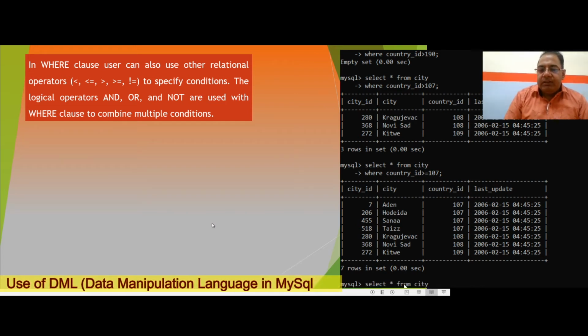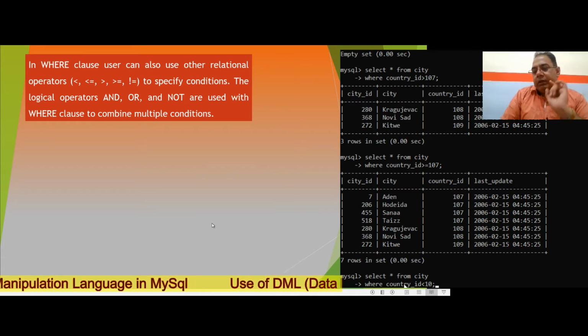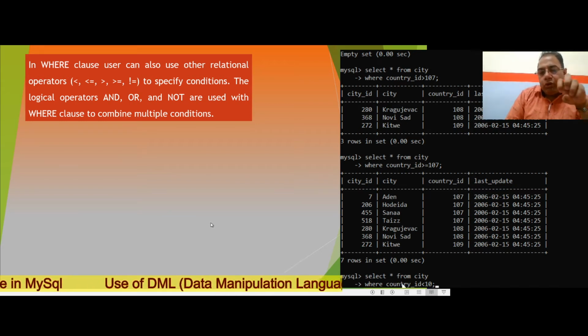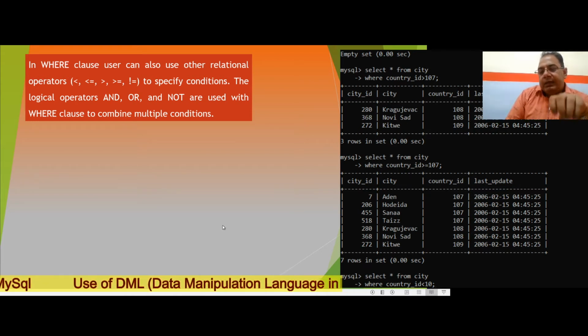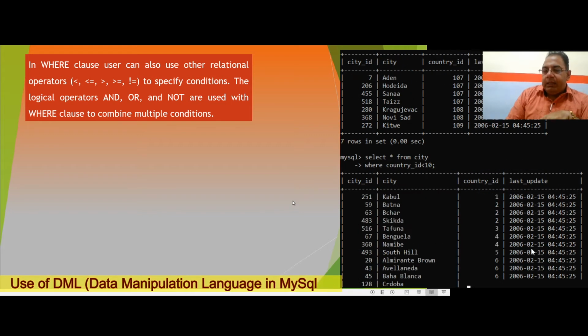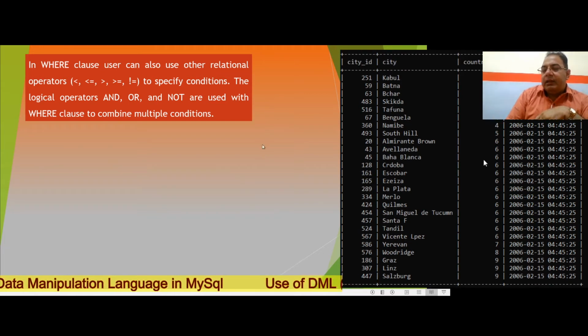For the same I will write country_id less than 10, put the semicolon at the end, and then press enter. It will show all records where the country_id is less than 10.